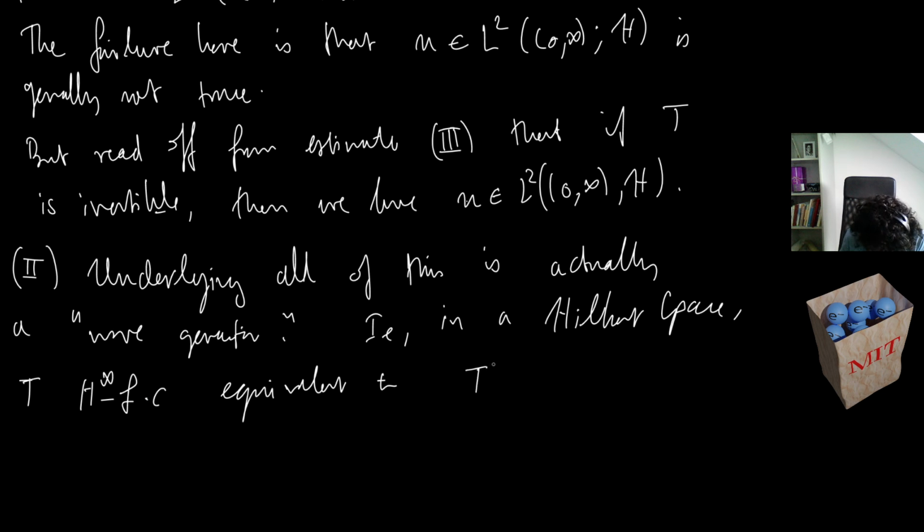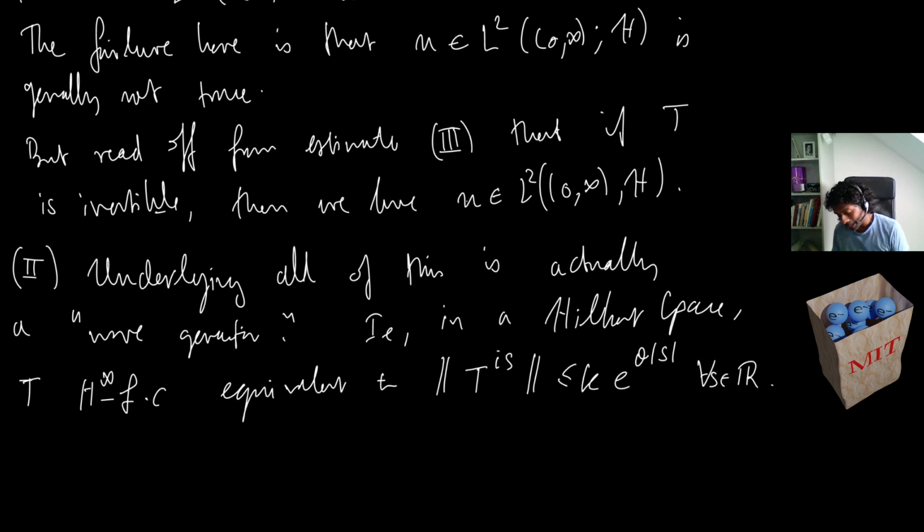to saying that the complex powers of T, so we can also form complex powers of T, are bounded by some k e to the theta modulus s, for all s, and for some k and theta.